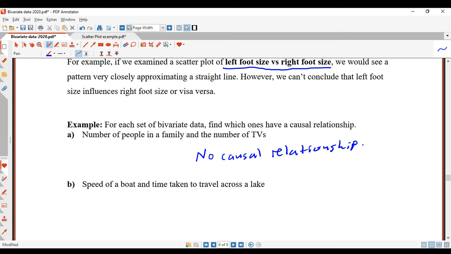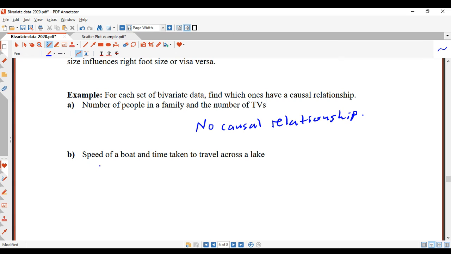Okay. No causal relationship or a limited causal relationship. Speed of the boat and time taken to travel across the lake. Well, generally, the faster you go, the less time it takes. So that's definitely a causal relationship. Okay, so causal relationship. One causes the other.